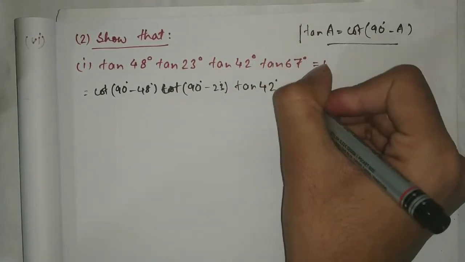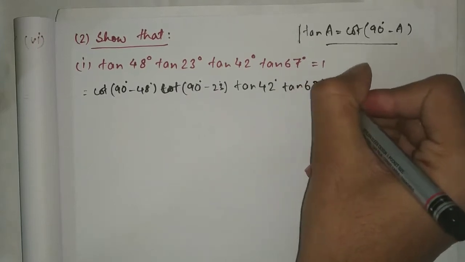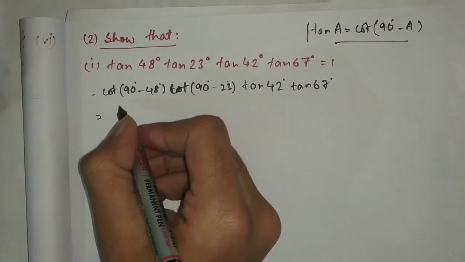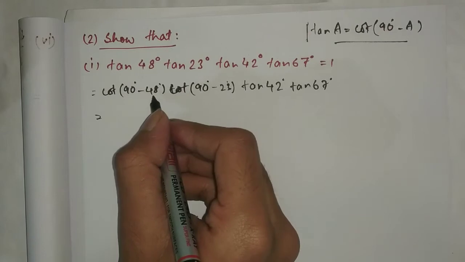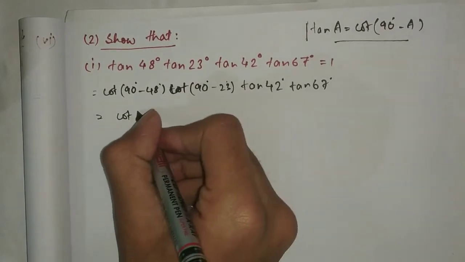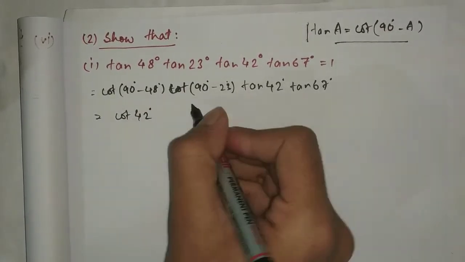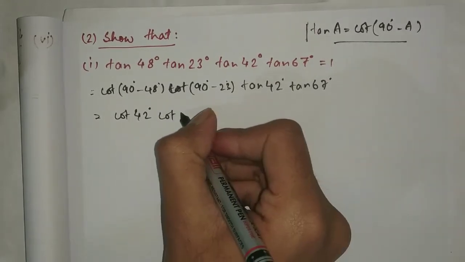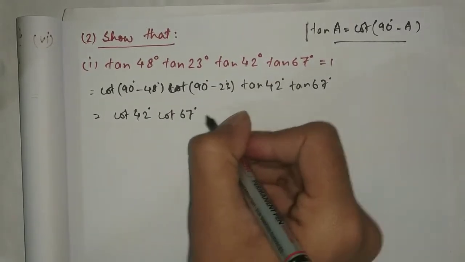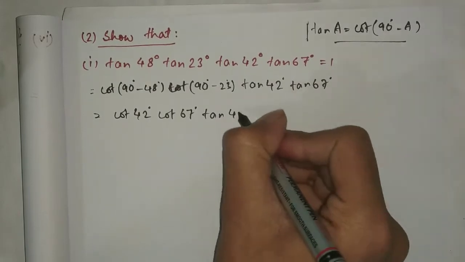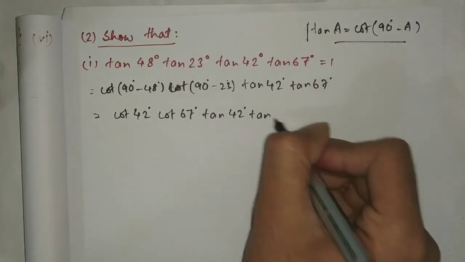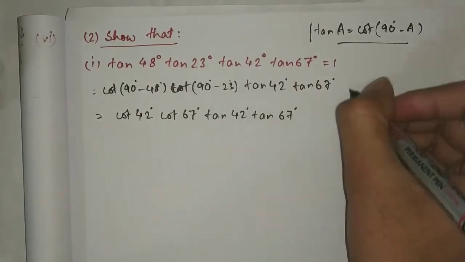It is tan 42 degree and tan of 67 degree. Now we find cot of 90 degree minus 48, it comes to be cot of 42 degree, and it comes cot of 67 degree, and then it is tan 42 degree, and it is tan 67 degree.